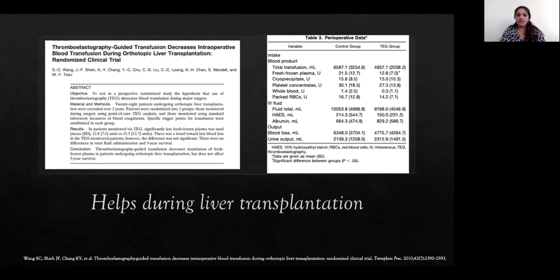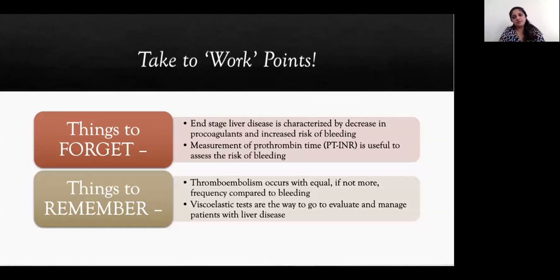So, in summary, there are some take-home points. When you come to work and see a patient with liver failure who has dysregulated coagulation, there are a couple of things that we need to erase from our mind. That is, end-stage liver disease is characterized by decrease in procoagulants and increased risk of bleeding.